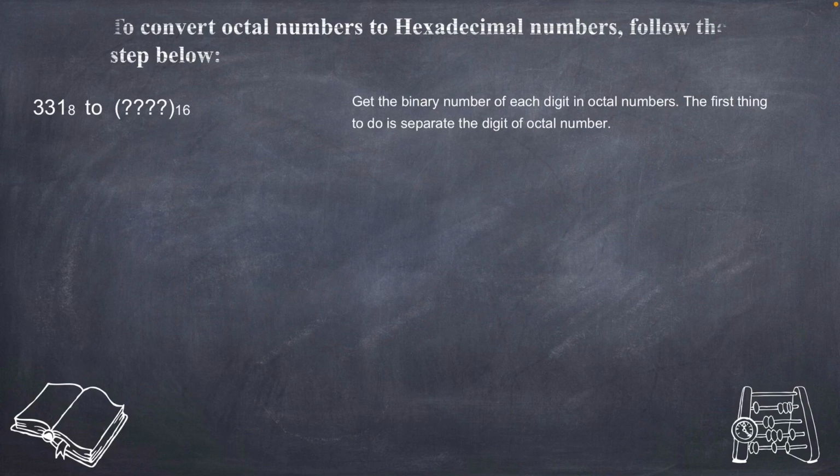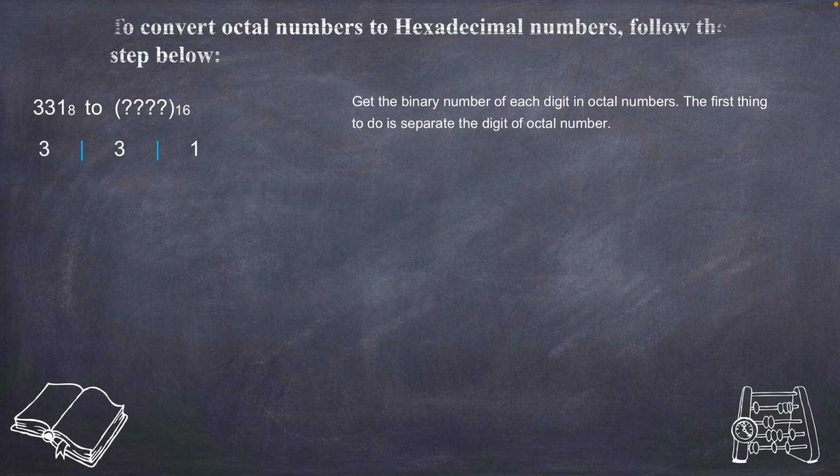The first thing to do is separate the digits of the octal number. So ganito daw. Kunin daw muna natin yung mga equivalent value niya sa binary number, yung mga digit daw. Itong sinasabing 3, 3, 1.